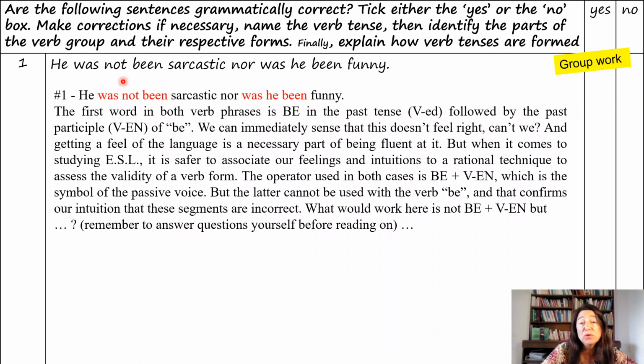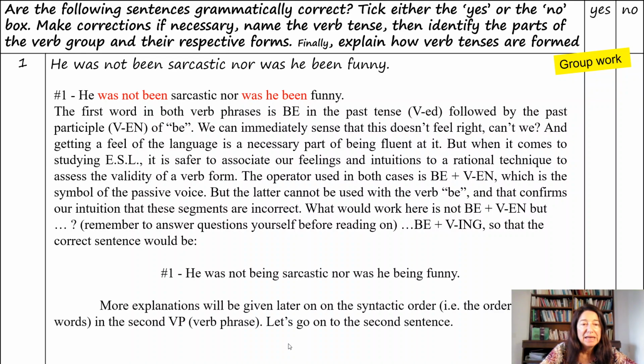Well, what we can do is that instead of using be plus VEN, we can use another operator, which is be plus VING. And in that case, it works really well, and the sentence now becomes: he was not being sarcastic, nor was he being funny. And in that case, the sentence now is fine.